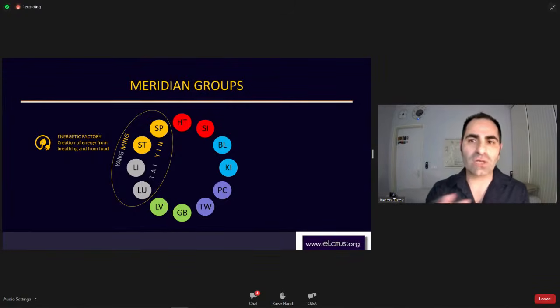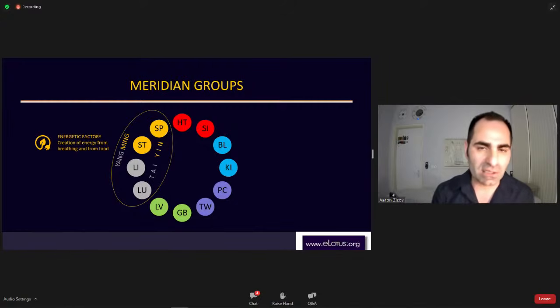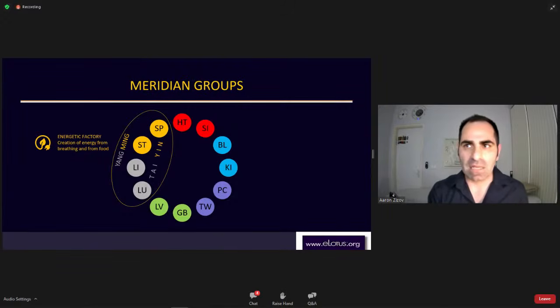So usually I will use these meridian groups all together because they are like neighbors or family relatives. So I will prefer to work on them together in the same treatment or even two treatments, one after another, in order to activate this level or this group.